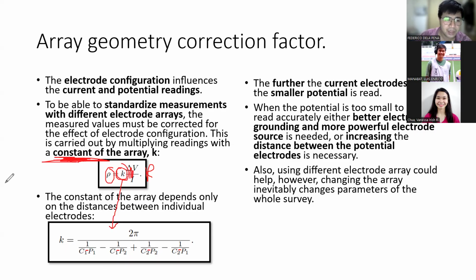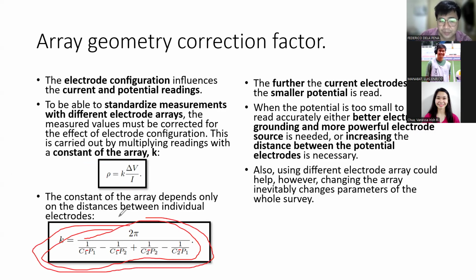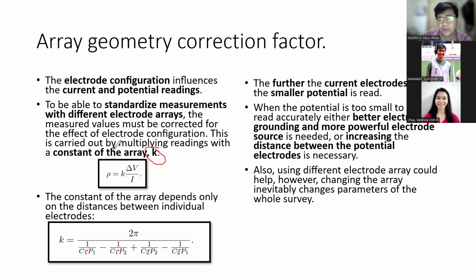We're going to discuss the different arrays. The array type will also influence this, and the electrode spacing, of course, will also influence this. For example, if you're trying to measure deeper and deeper, you will have different distances between your electrodes, and your K correction factor will change.